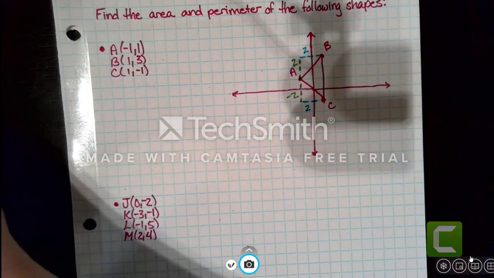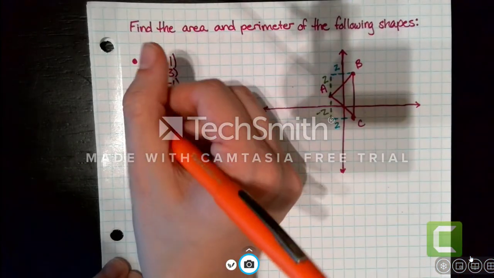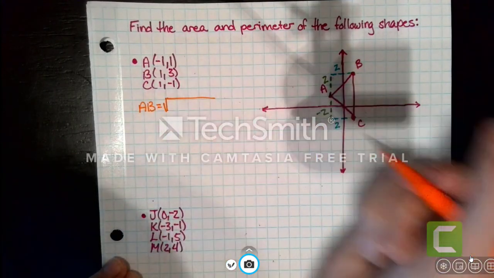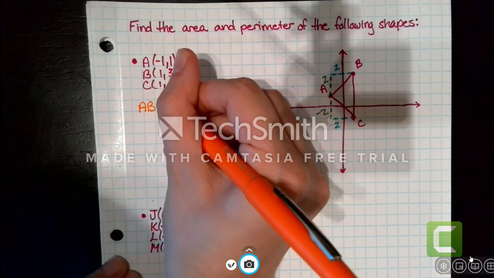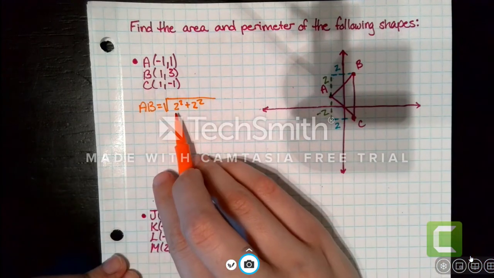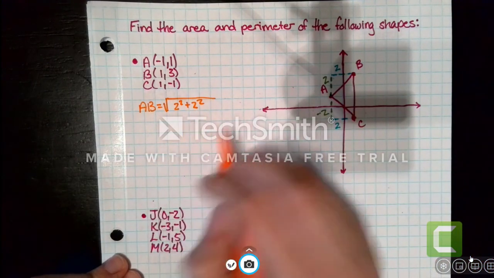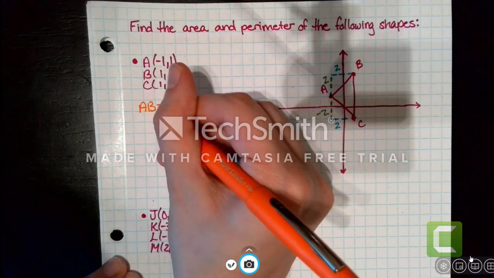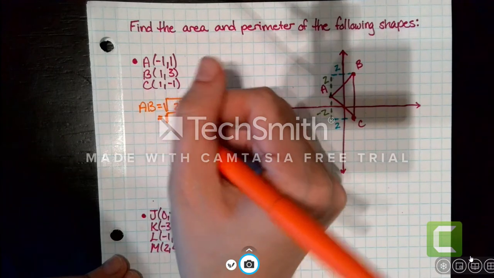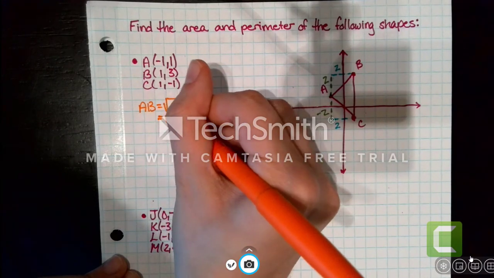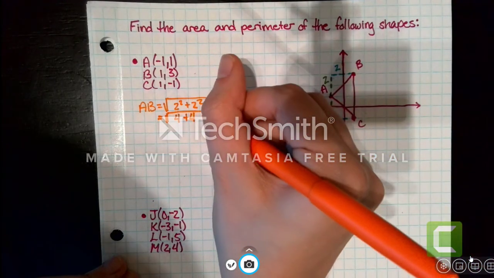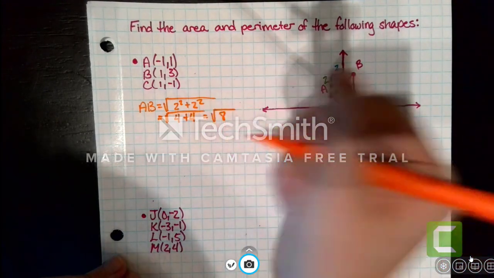So the length of AB is equal to the square root of 2 squared plus 2 squared. This being my vertical, this being my horizontal. And if I square each 2 and add them together, I have 4 plus 4, which means that I need to find the square root of 8.